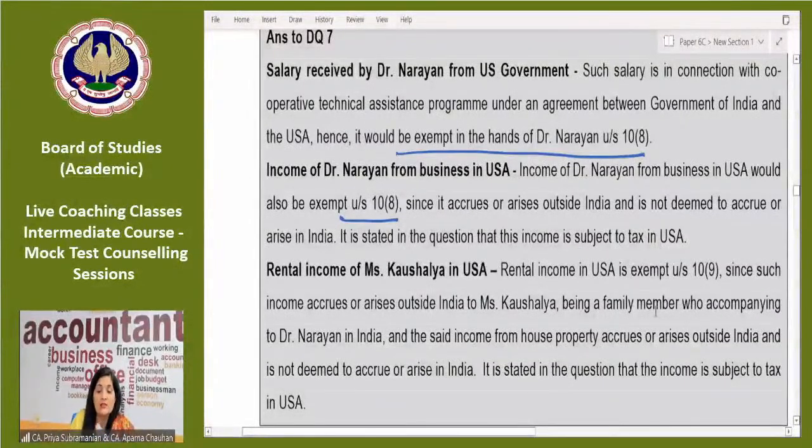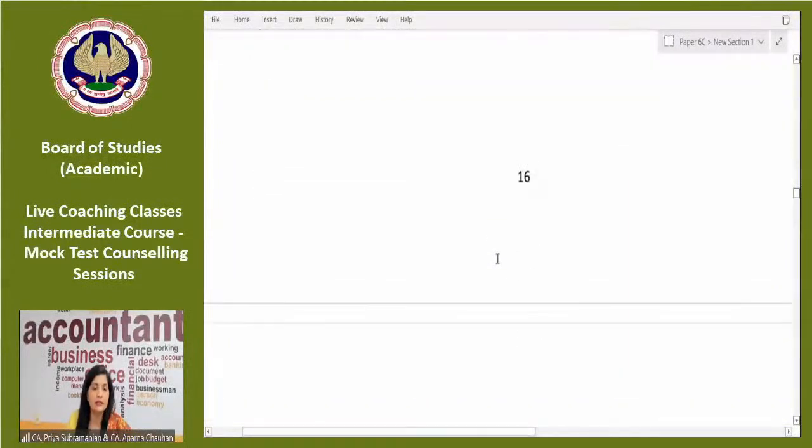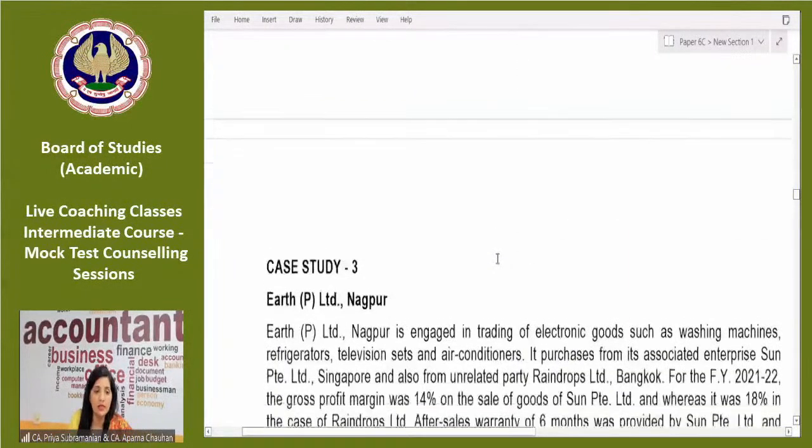It says, in case of a family member who accompanies such person in India, and that income is also taxable or subject to tax outside India, that income in the hands of that family member would also not be deemed to accrue in India, and accordingly, such income would also be exempt in the hands of that family member, right? So the rental income in USA is also exempt in the hands of Ms. Kaushalya. This is regarding this case study 2.